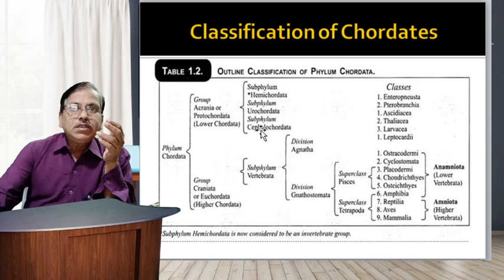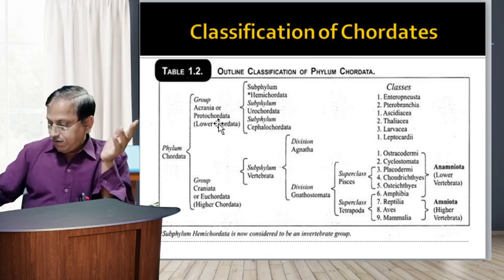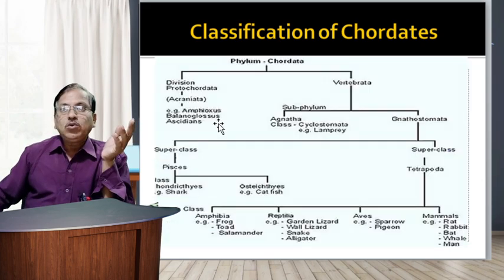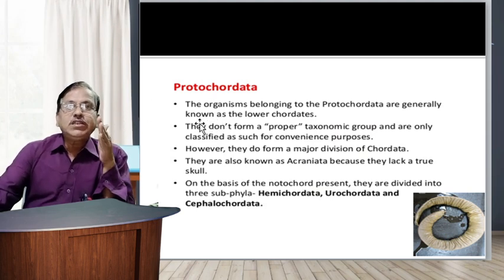So these all three subphyla are included in the Protochordata. In Protochordata, the main character features we already know at this point. These are the animals which are included in the Protochordates.